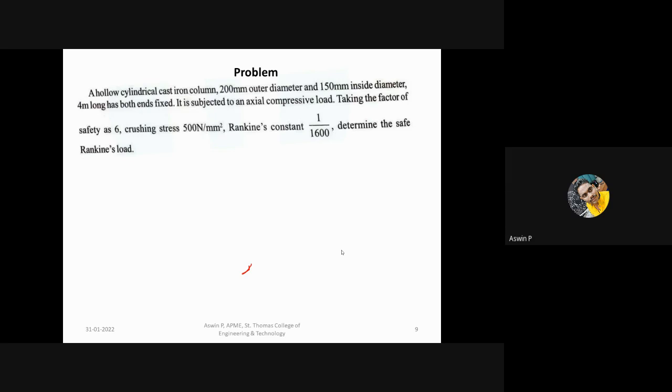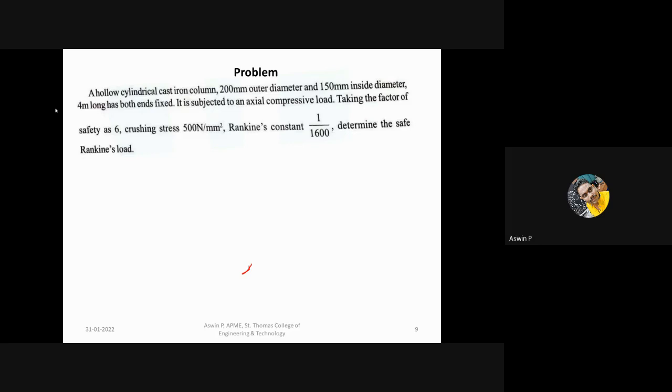You can take another example in which one end is fixed and the other end is free. And you can take another example in which one end is fixed and one end is pinned. In the case of one end fixed and the other end free, the effective length will be 2 into L. That is, if the given problem has a 4 meter long column, your effective length LE will become 8 meter.